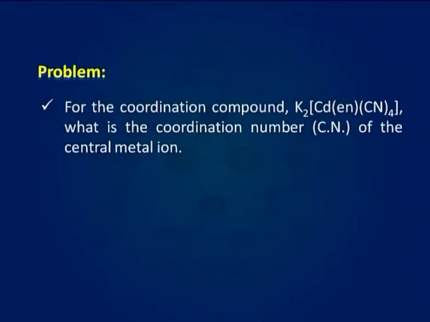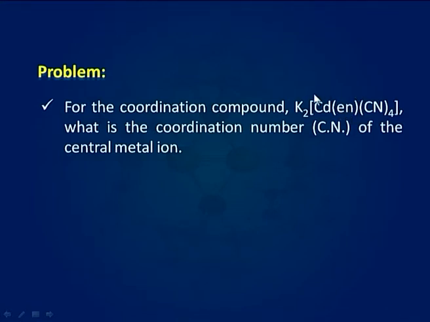For the coordination compound K2[Cd(en)(CN)4], what is the coordination number of the central metal ion? In this complex, you can see that there are two types of ligands. One is CN, which is a monodentate ligand, and the other is ethylenediamine, which is a bidentate or didentate ligand.